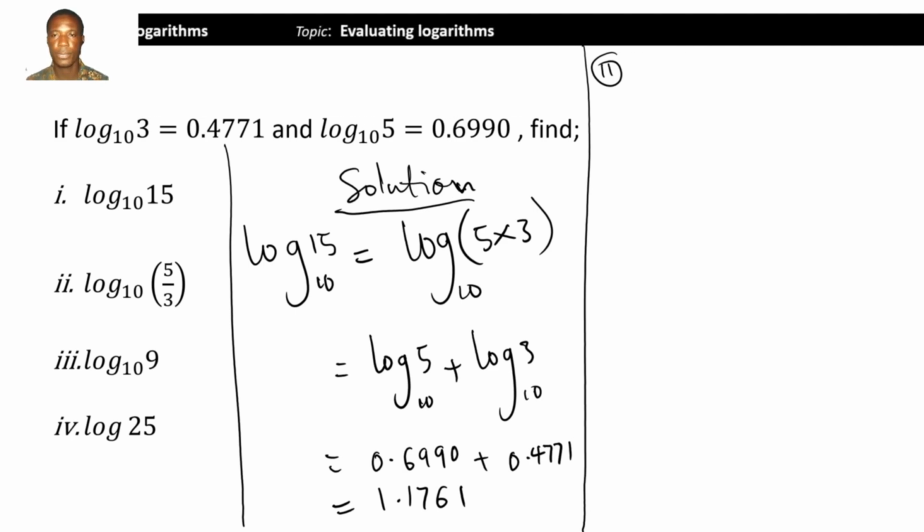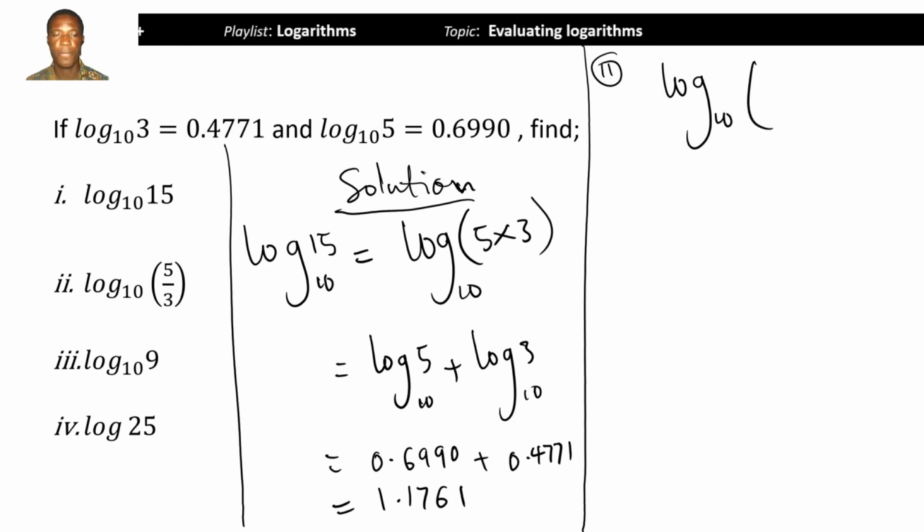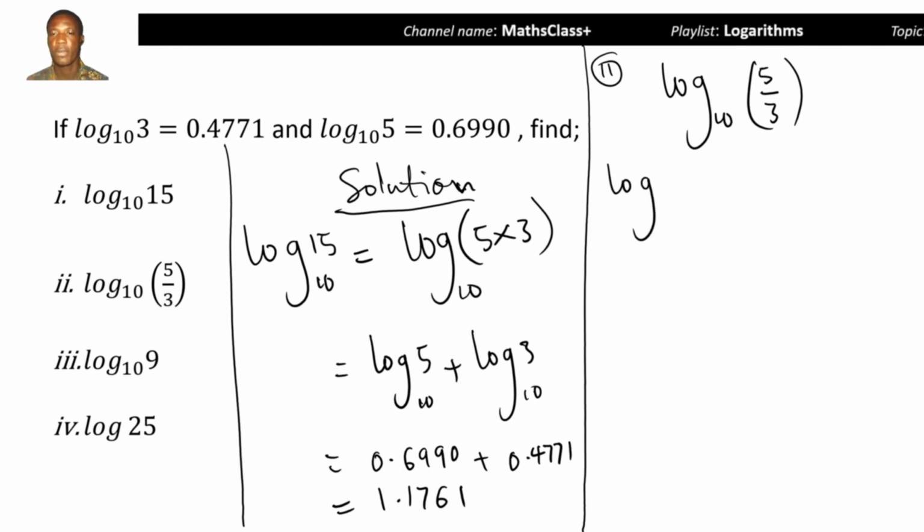The second example, log to the base 10 of a fraction with numerator 5 and denominator 3. So we are going to apply the law of division. So we get log to the base 10 of 5 minus log to the base 10 of 3.